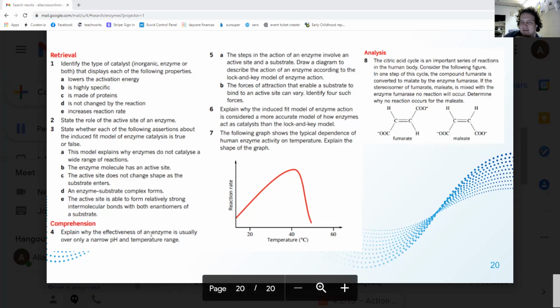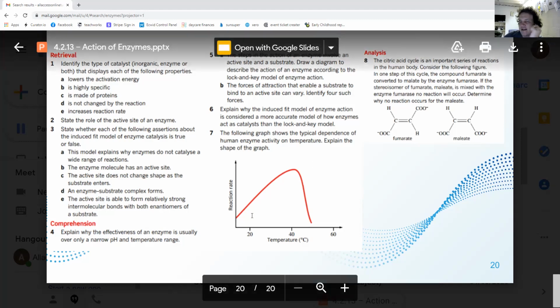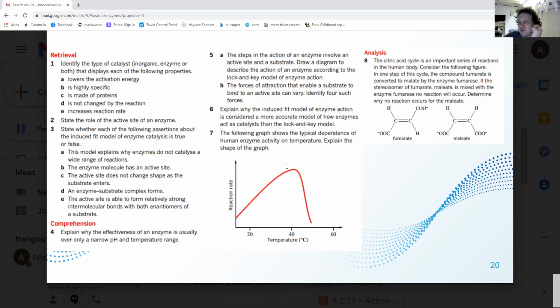We talked about the temperature range here for question 7. So we're looking at increasing temperature, and then the active site of the protein is a certain shape, right?